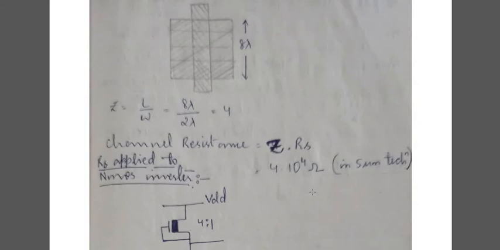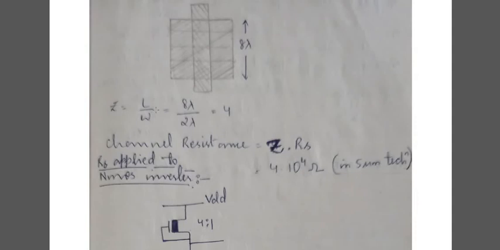Correct? Now if I consider one more example over here. It is an NMOS transistor, NMOS diffusion. To that I am having 4 layers of polysilicon. So if each layer is of 2 lambda, then 2 into 4 is nothing but 8 lambda. So your length is 8 lambda and the width is 2 lambda. This Z is called the length to width ratio, given as L by W. For the earlier case it was 1:1.